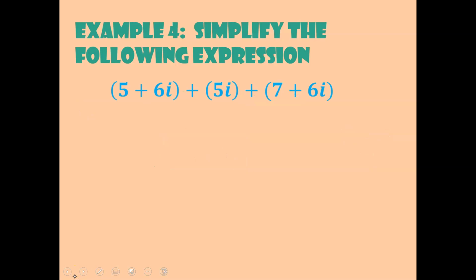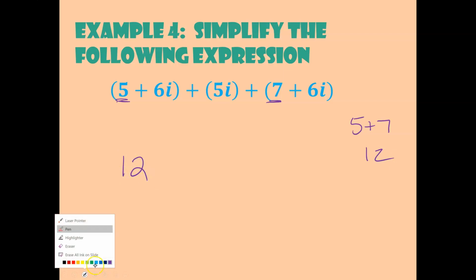All right. So now you can have multiple sets, okay? But again, you're doing the same thing. You're collecting all your reals and combining them, then you're collecting all your imaginary and combining them, okay? So I have a 5, and then I have a 7. So I'm going to say 5 plus 7, which is going to give me 12. So that real part turns into 12.